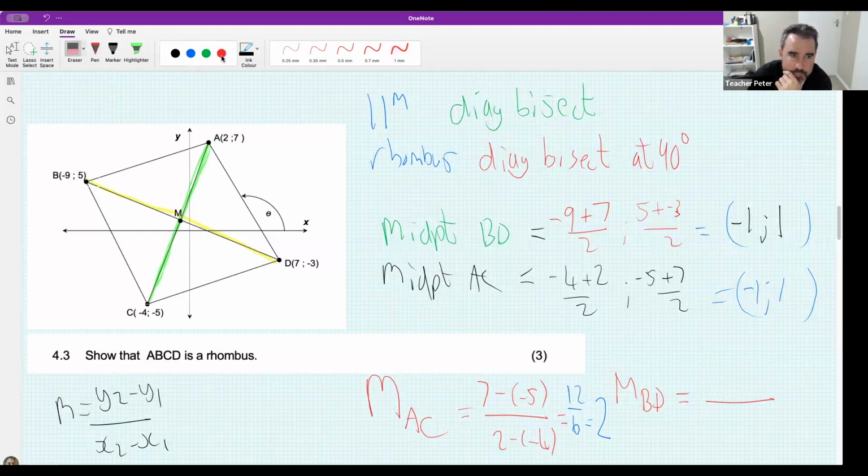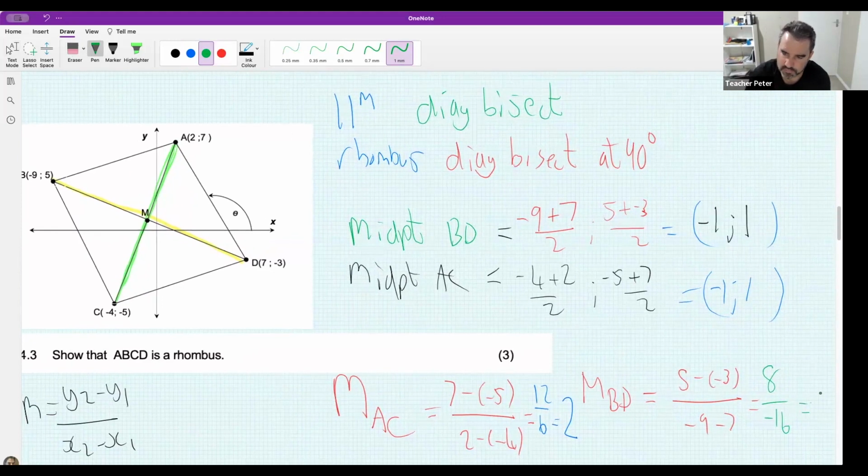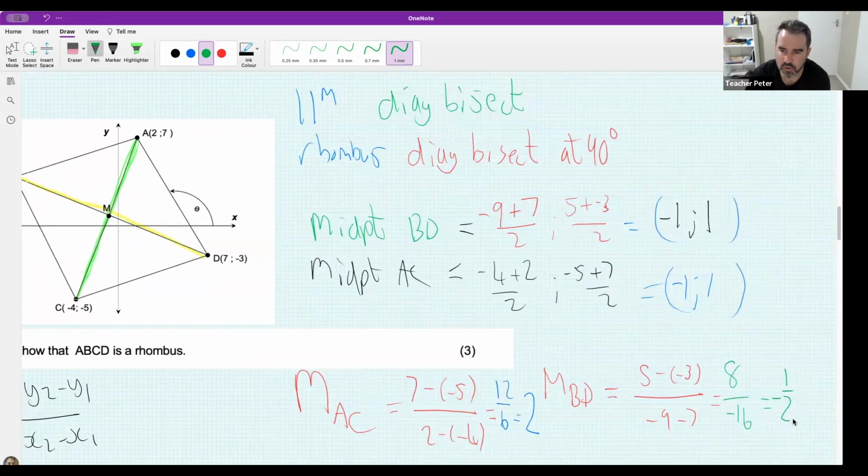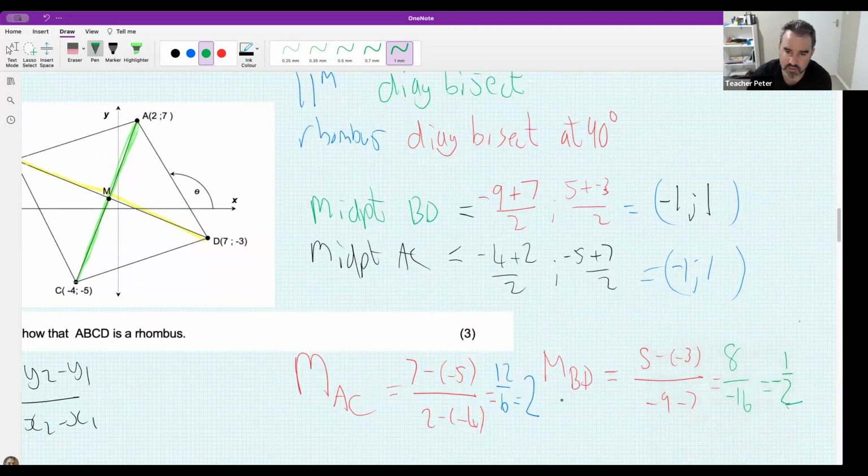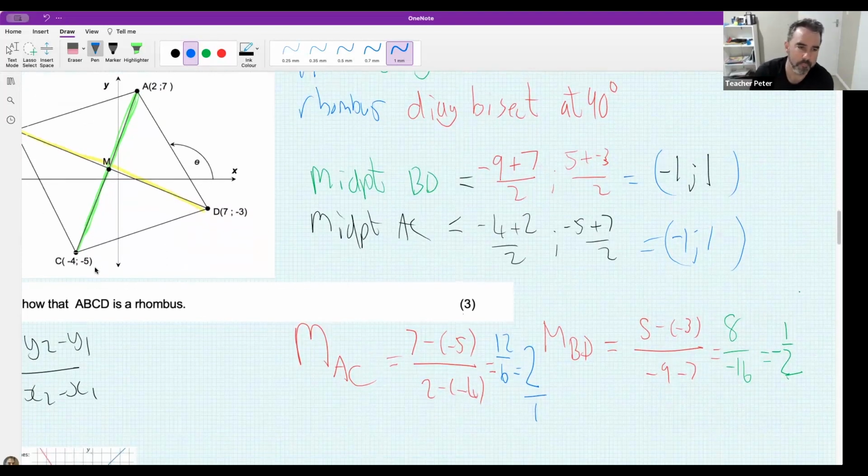I almost made a mistake there. 5 minus minus 3 over minus 9 minus 7. So that's going to be 8 over minus 16, which simplifies to minus 1 over 2. Now, they are not the same. They are definitely not the same. But what do you notice about them?